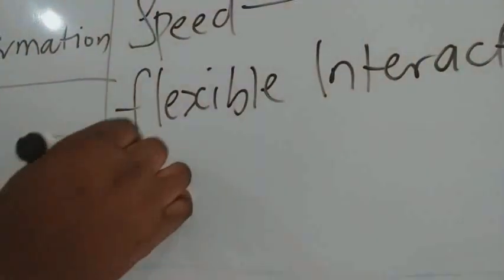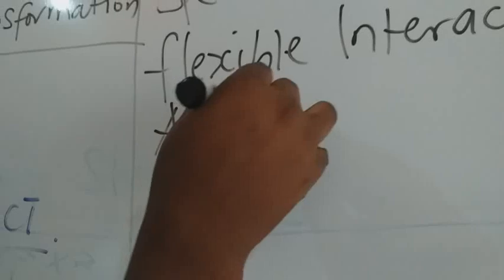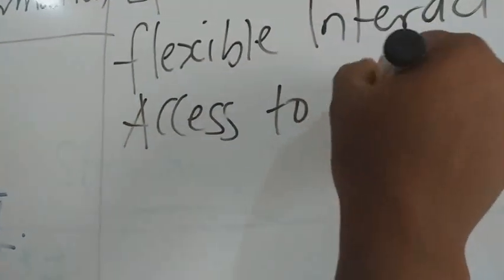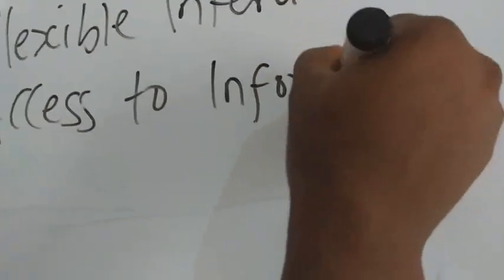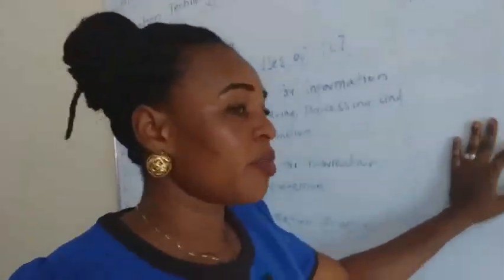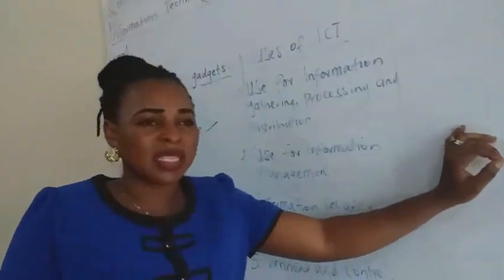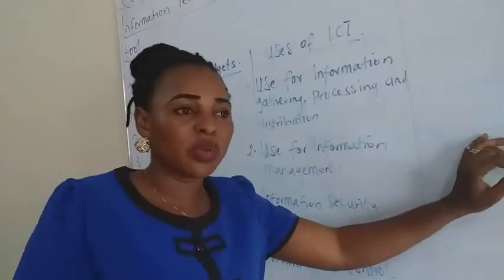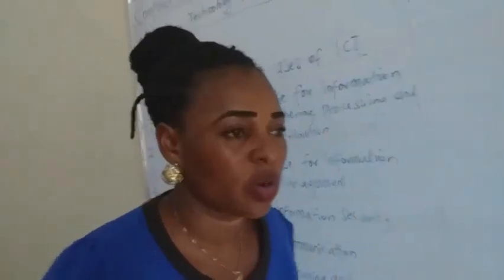Another, number 3 advantage, is access to information. With the use of ICT gadgets, we have access to information. Sometimes you are in a very remote place and you wonder how you would get this information across to yourself.